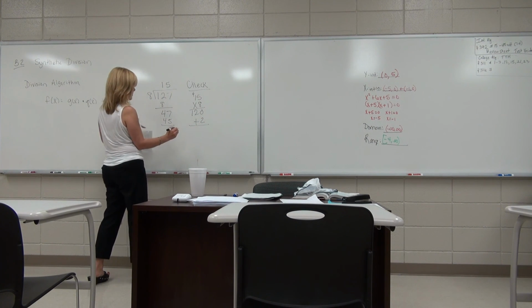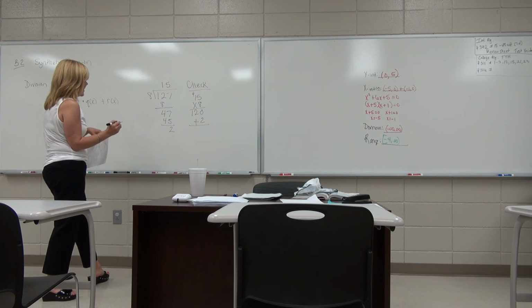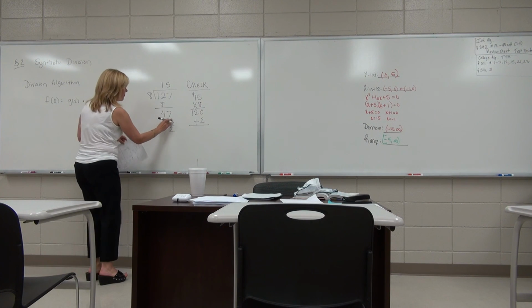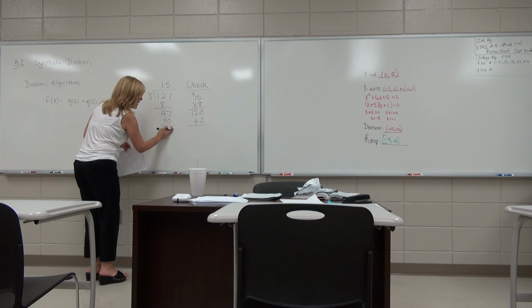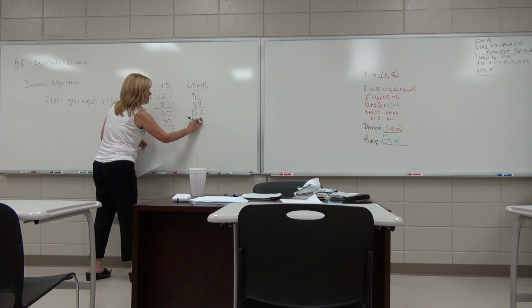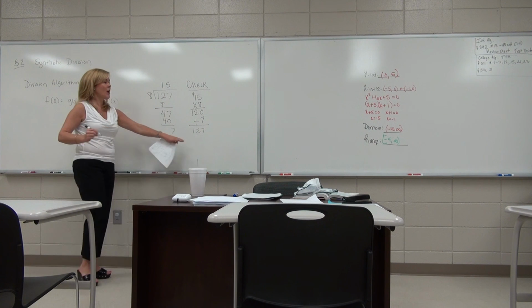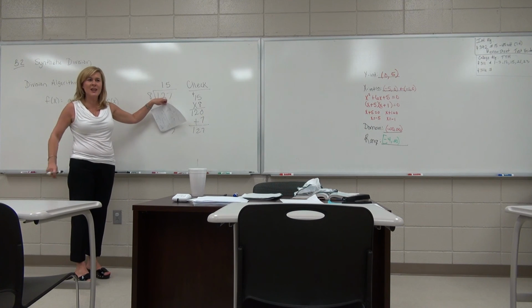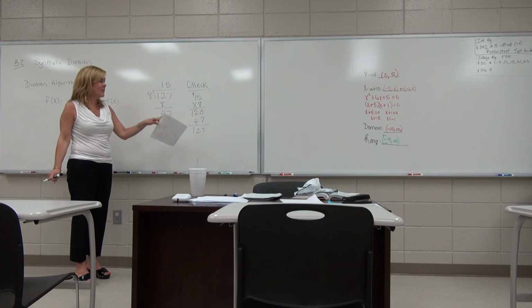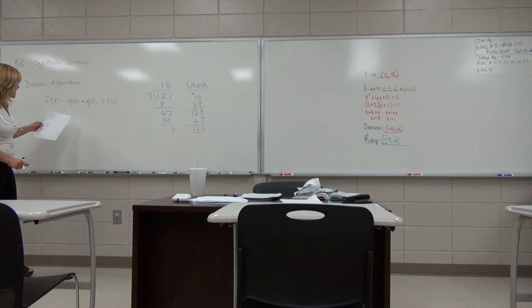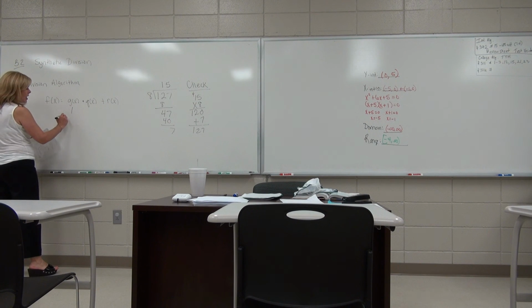Oh, what did I say? 8 times 5 is not 45, it's 40. Remainder of 7. Stay with me. And then your answer should be what you had underneath, right? That's the division algorithm. What happens is here, g of x will always be a lower degree polynomial.